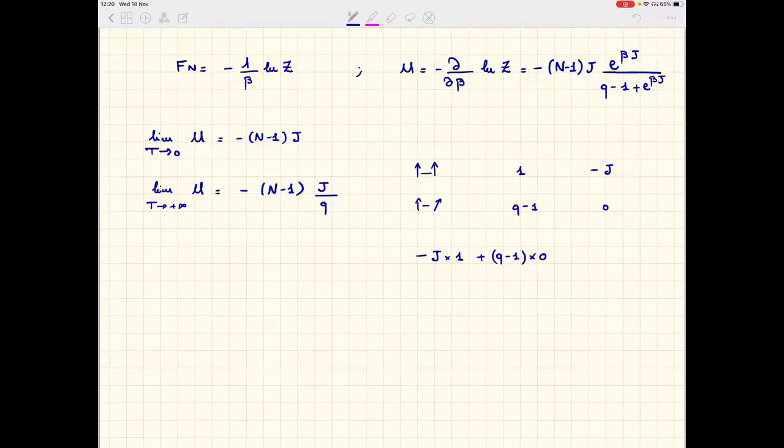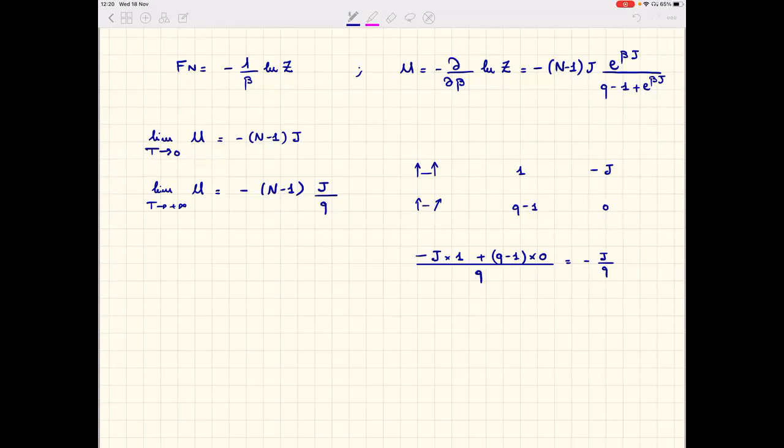And then, since I'm computing the average energy, I should divide by the total number of possible configurations, which is Q, right? Yes. And you sum over all n minus 1 bonds. So the average energy is minus J over Q times the number of bonds, which is n minus 1. So you see, everything is correct, apparently.